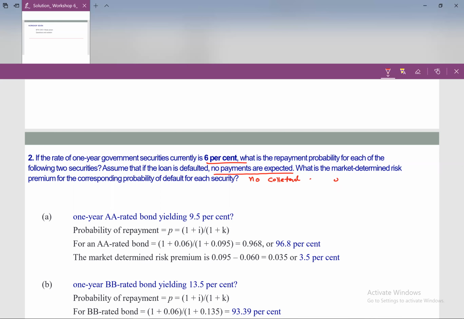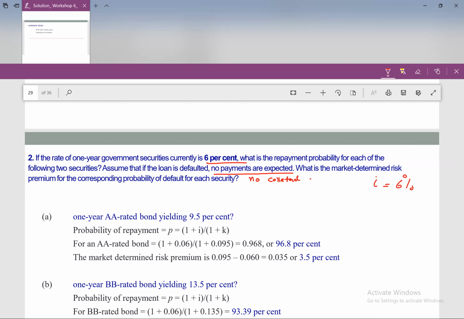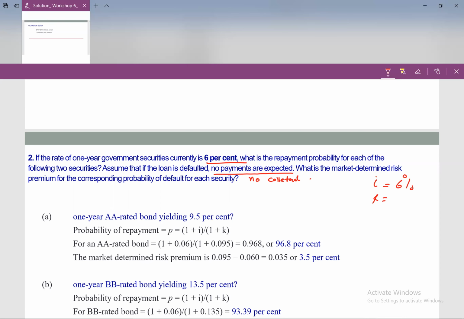Okay, I understand now that the I is 6%. Now I want to calculate the probability of payment when the K is 9.05.